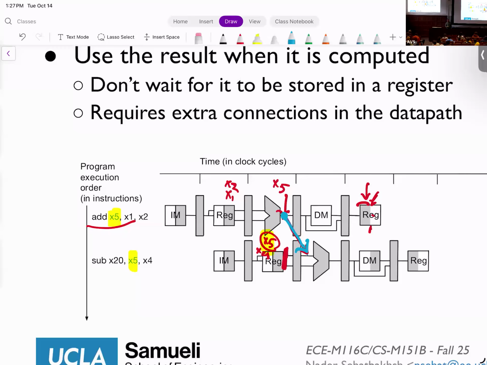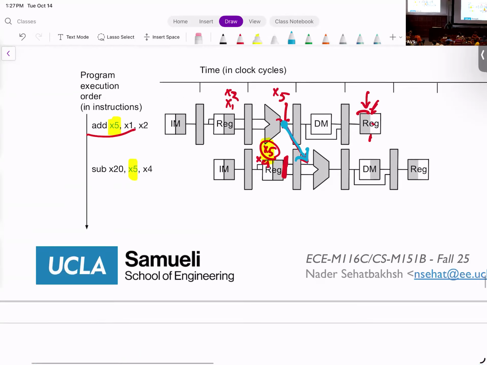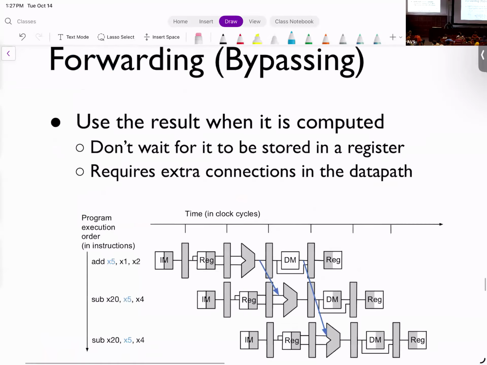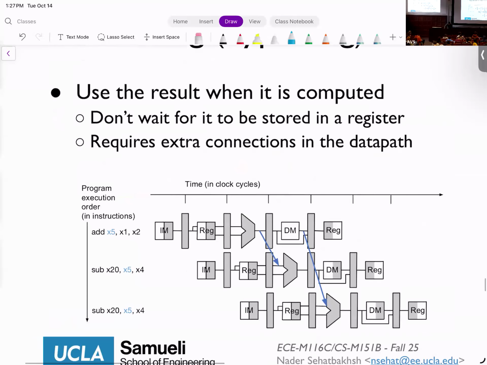I don't need to read it directly from the register file. I basically forward it from the output of the ALU to the input of my ALU. So I'm using the value that I generated in the previous cycle in the next cycle, okay? And the same idea applies if the instructions are 2 instructions, 1 cycle down. So again, this problem is fixed by forwarding.